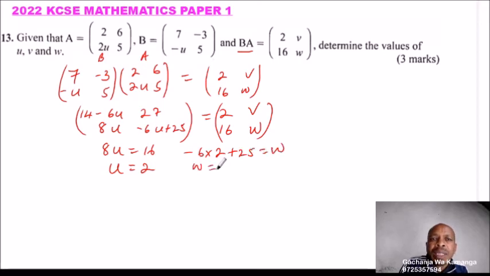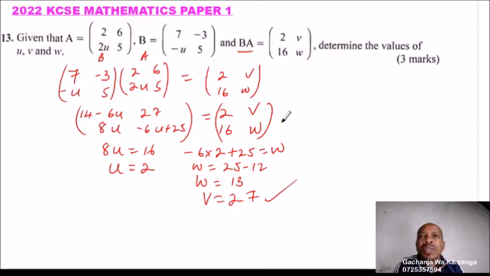So w is equal to 25 minus 12, and w is 13. From there we come to v. The v is corresponding to 27, so v is equal to 27. So that is how you work out that question, and you should be able to get 3 marks.